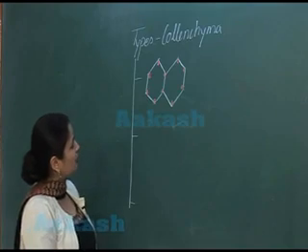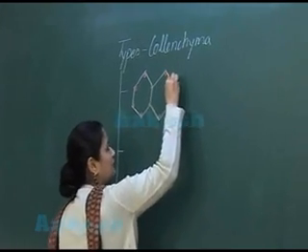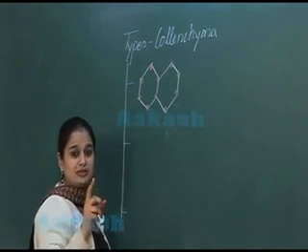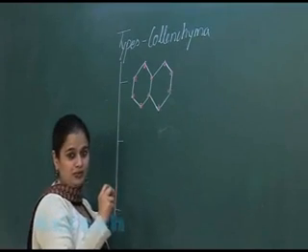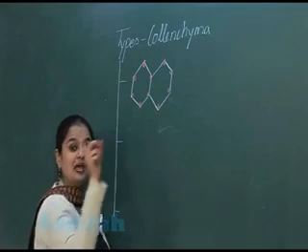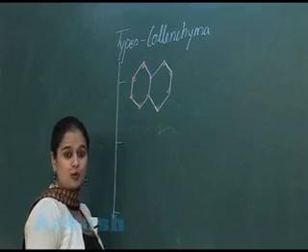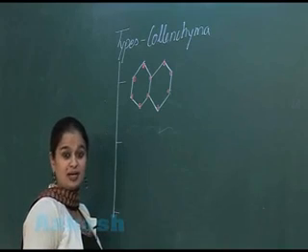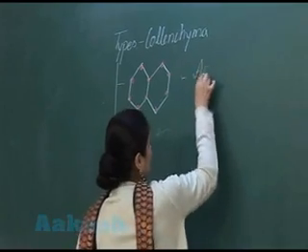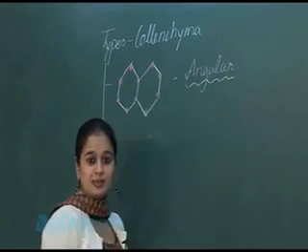Can you see here the positioning of thickening? These are the angles of the cell. The thickenings are present in the angular walls. When the thickenings are present in the angular walls, such type of collenchyma is known as angular collenchyma.